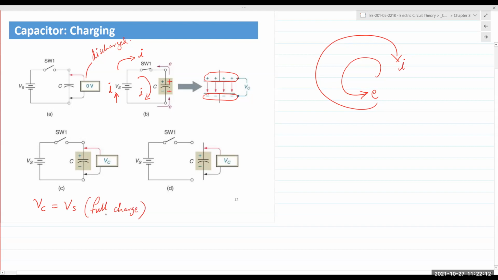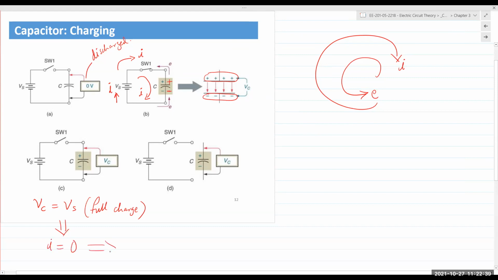There is no more charge imbalance. Since there is no more charge imbalance, electrons will stop flowing. If electrons stop flowing, current stops flowing. If current stops flowing, I goes to zero. I goes to zero means the capacitor acts like an open circuit.